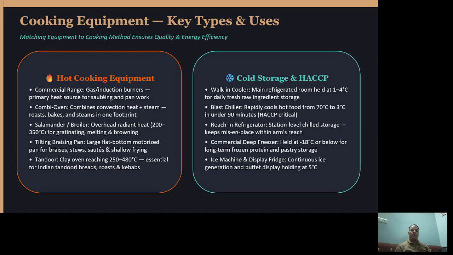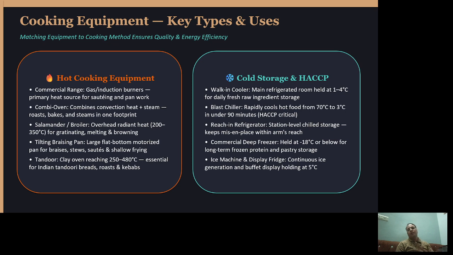So now we are talking about the equipment. We can divide the kitchen equipments into two major categories. The first category is hot cooking equipment, the equipment which generates heat, and the second one is cold storage and HACCP, the equipment which is needed for cold storage and generating a cold atmosphere.